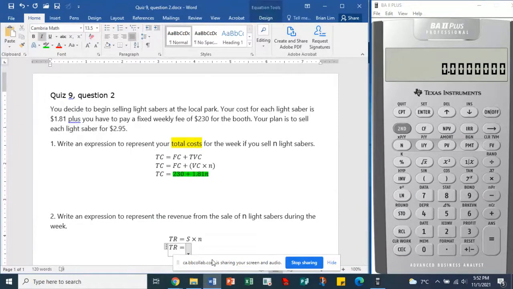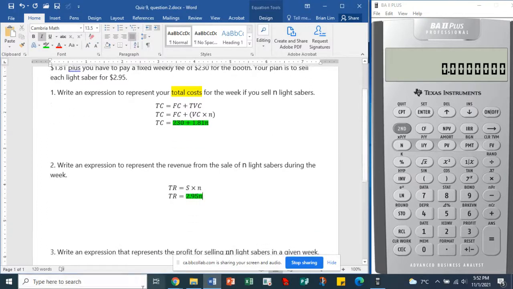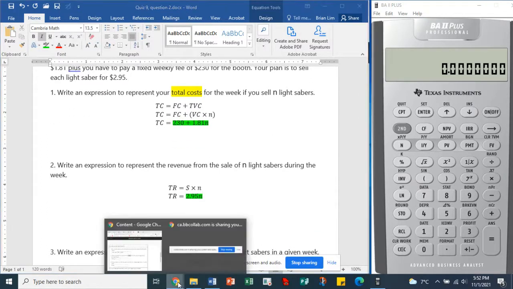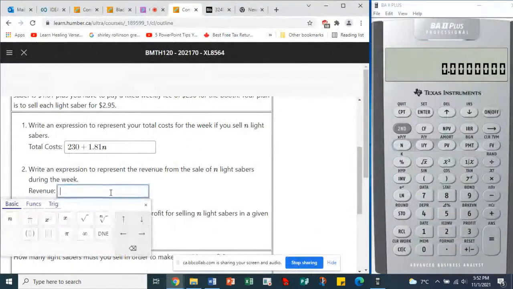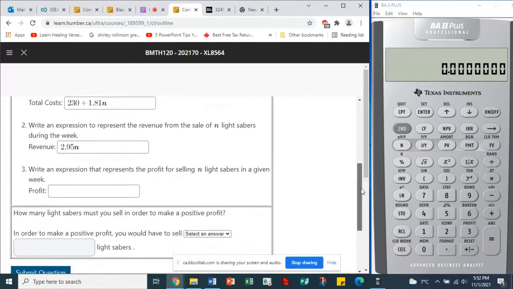So TR would be equal to 2.95 times N, and this would be the number for the total revenue. All right, or the expression, sorry, 2.95 n. Okay, so let's go back and put that in there. So this would be 2.95 n.